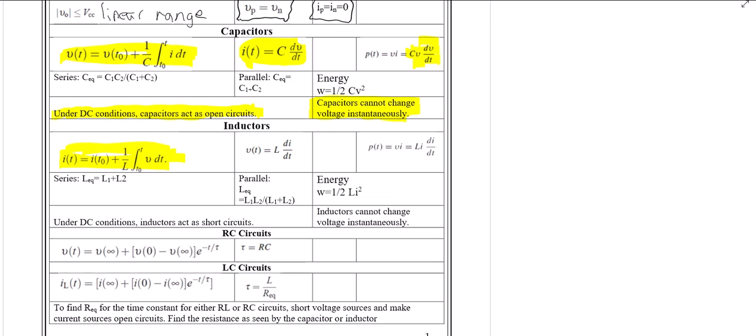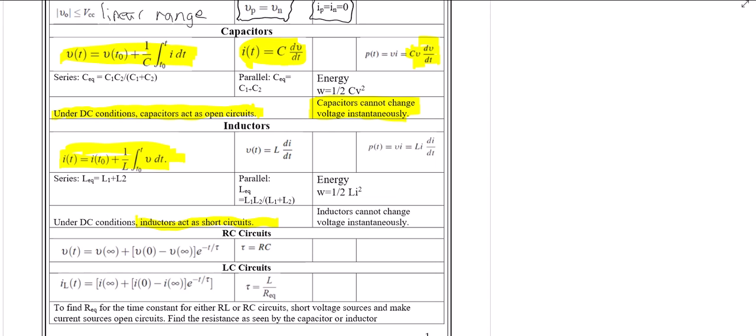Power, again, is V times I. If you have the voltage and you have the current, you can multiply those together. Inductors add just like resistors. So if they're in series, you just add them together. If they're in parallel, you do product over sum. And the energy is 1/2 Li squared. And under DC conditions, inductors act as short circuits.